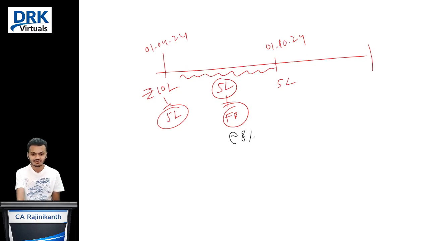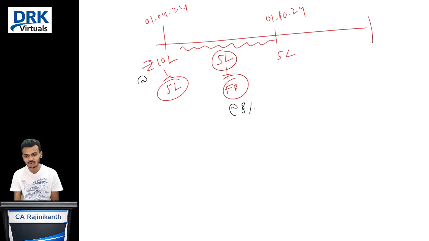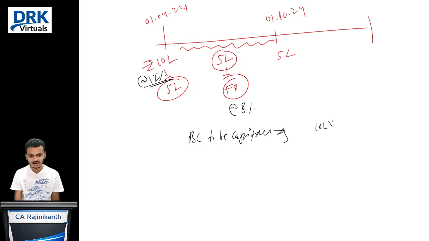So in this case, assume this 10 lakh loan is at 12%. So borrowing cost to be capitalized in this case, how much? 10 lakh into 12%, 1.2 lakh.